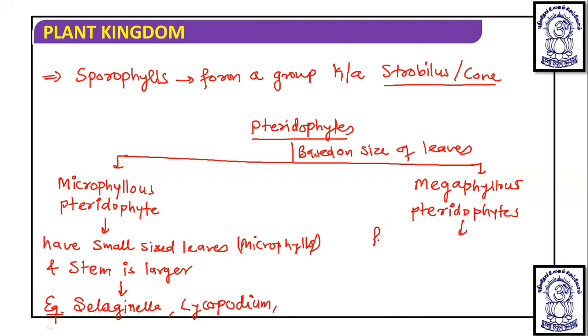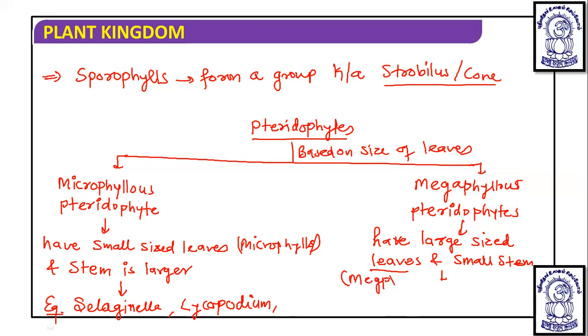But megaphyllous pteridophytes have large sized leaves and a small stem. These large sized leaves are known as megaphylls or fronds.